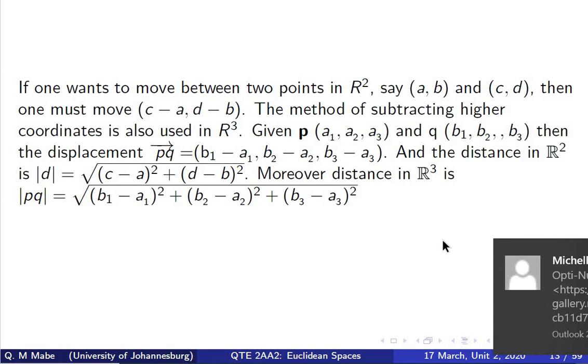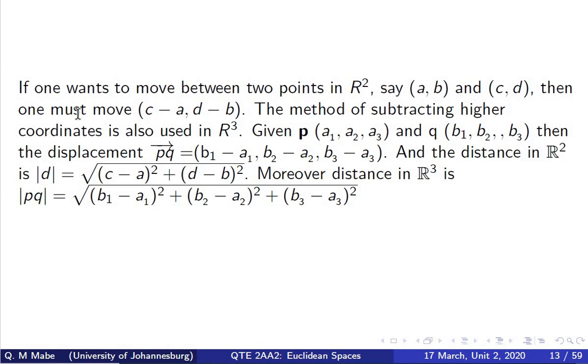So what you need to do in this case is move by c minus a, the higher coordinate minus the lower one, and d minus b, the higher coordinate minus the lower one. And this will be your displacement. A displacement, as you all know, has a direction and magnitude. So your displacement is a vector. As you can see, it's in R2.